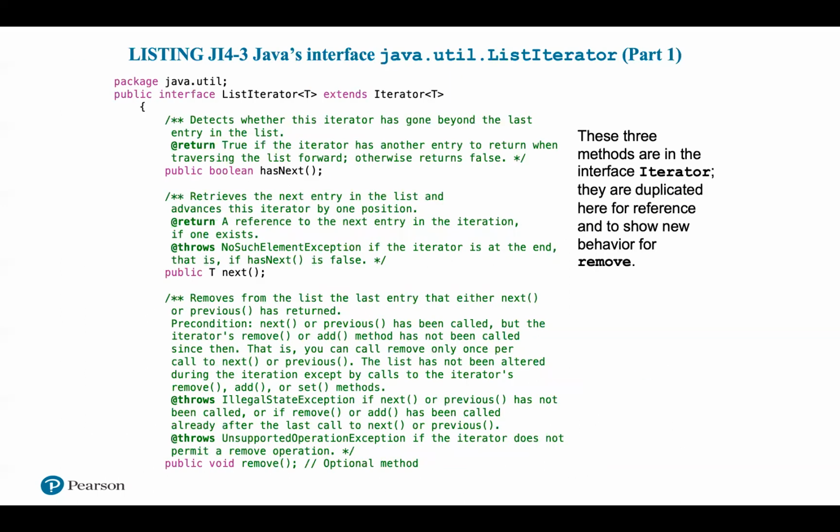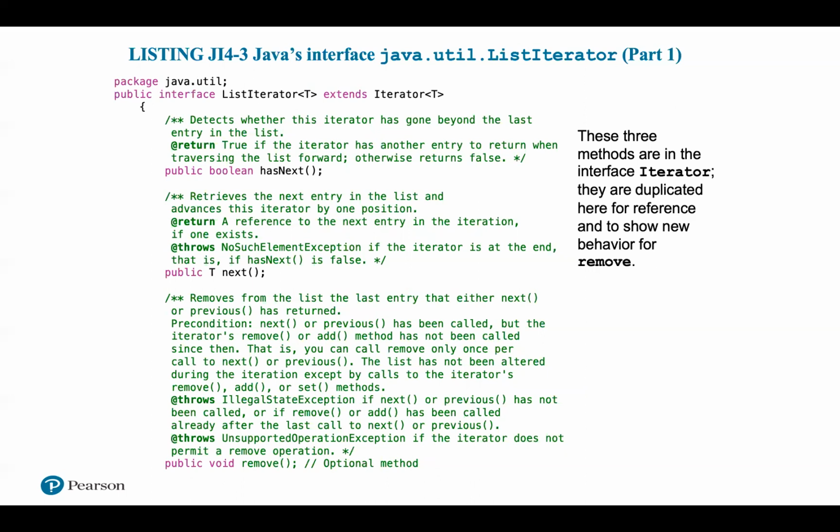So in this figure, we're talking about the interface ListIterator, and the Java Class Library provides a second interface for iterators, ListIterator, in the package java.util. This type of iterator enables you to traverse a list in either direction, to get the iterator's current position, and to modify the list during an iteration.